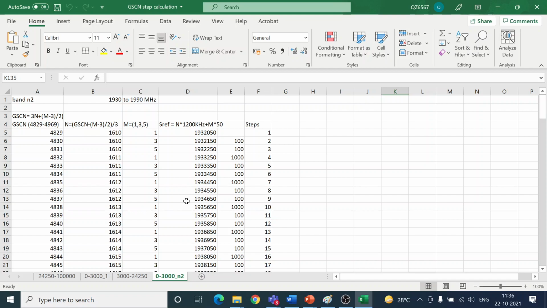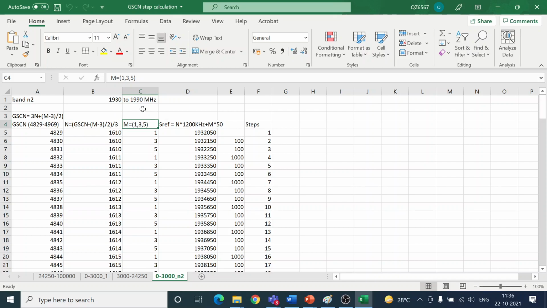Can you see this table? Is it visible to all of you, or shall I make it bigger? Okay, so here I have implemented that formula. M in the formula is either 1, 3, or 5, and this example is for the N2 band, which is from 1930 to 1990 megahertz.